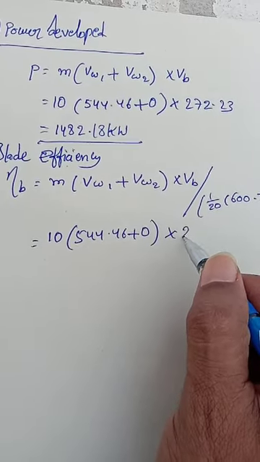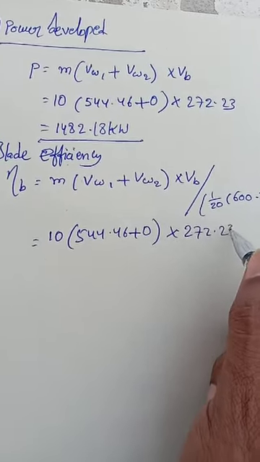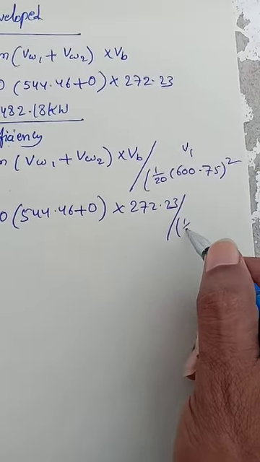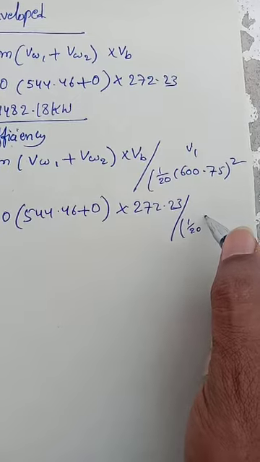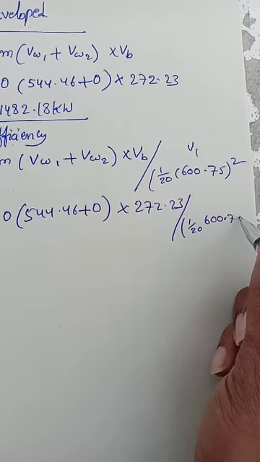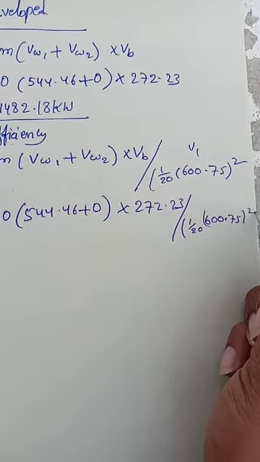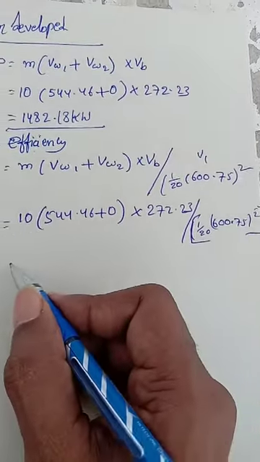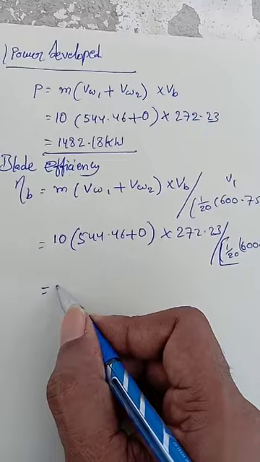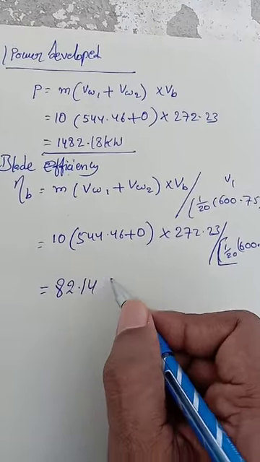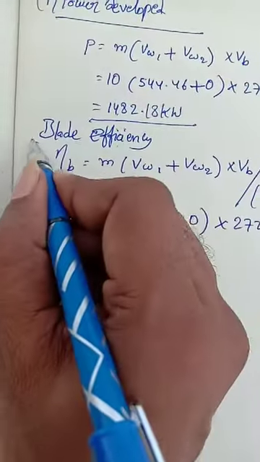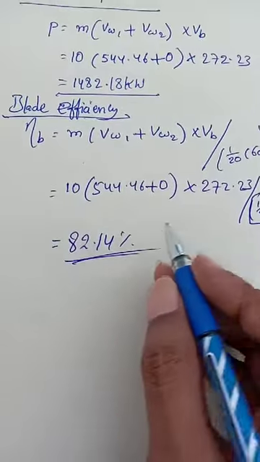Now we are going to know about blade velocity, and now this is V1. So 1 by 600.75 whole square. Okay, calculate this, we'll get 82.14% approximately. Okay, approximately we will get the answer 82.14.